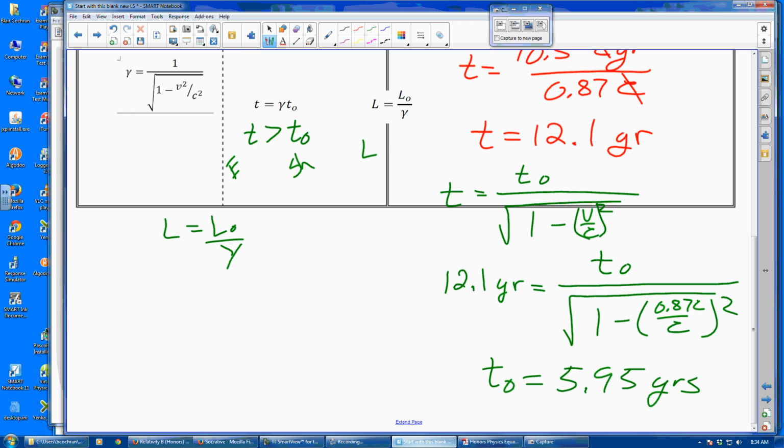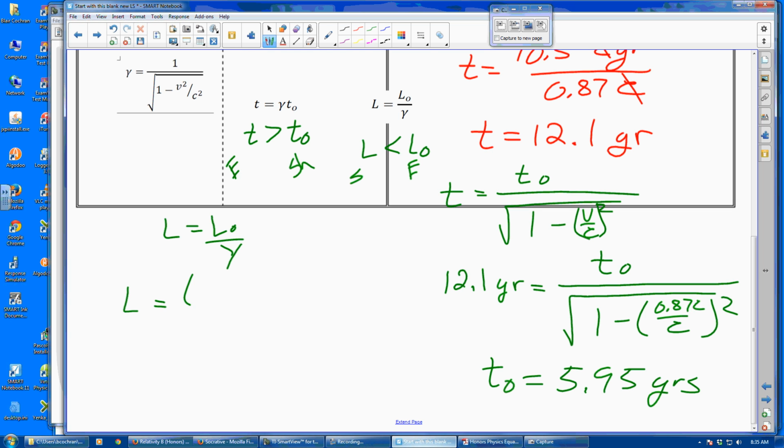And in this, L is always less than L naught. And so L is from the ship's frame of reference, and L naught is going to be from the Earth's frame of reference, because length contracts. So I want to know how far they see from the ship.